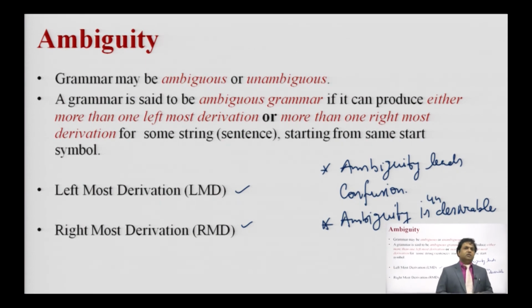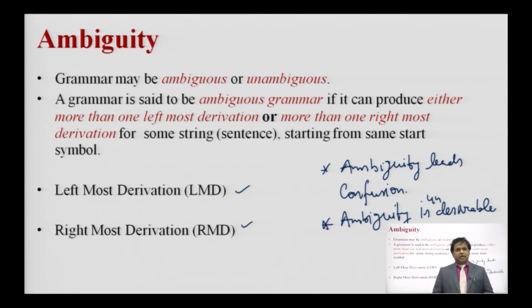which has the problem of ambiguity, because ambiguity is undesirable at any cost. Undesirable because the computer cannot understand the two ways in which it can derive the same sentence in two different manners. So, it should be eliminated at any cost, and there is no certain algorithm to decide the ambiguity.